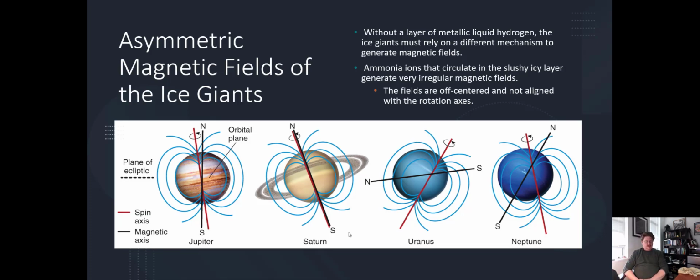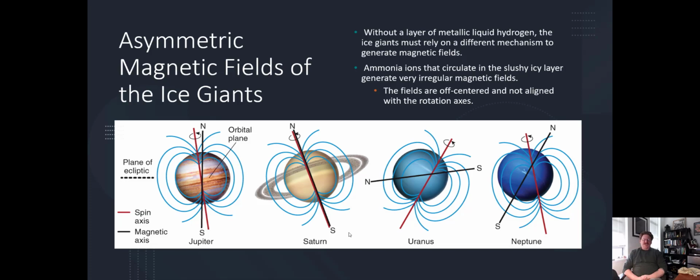They are weaker, as I've said, but not only are the magnetic axes very much offset from the rotational ones, they're also off-centered. The magnetic dynamo creating these fields isn't around the core as it is with any other world, Earth, Jupiter, Saturn, what have you.